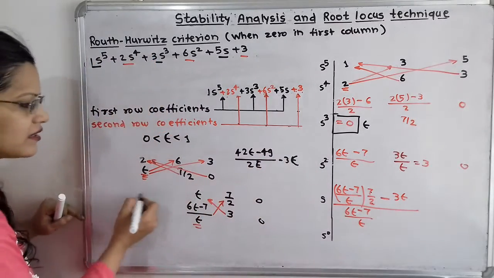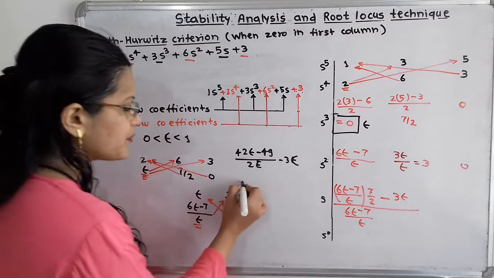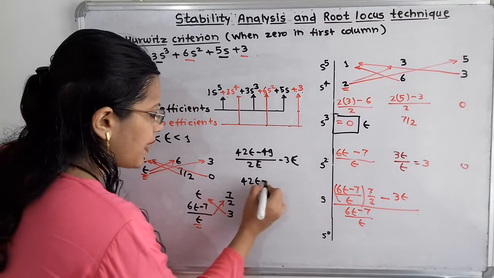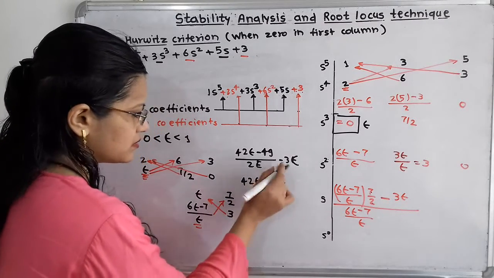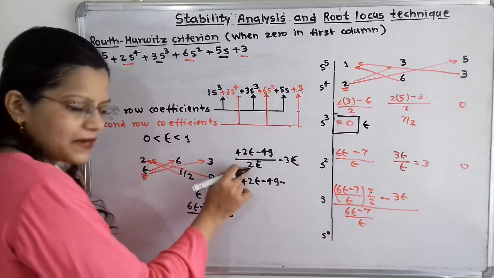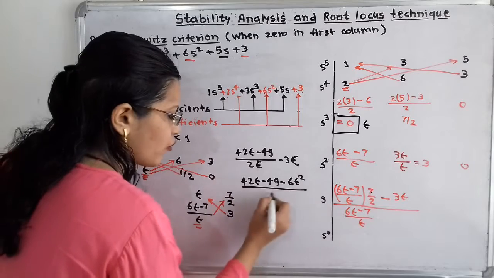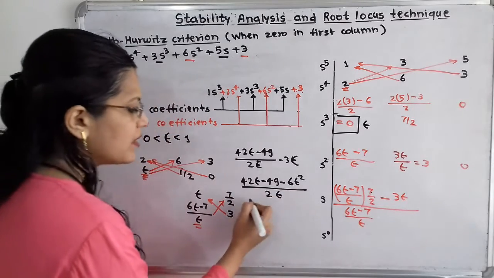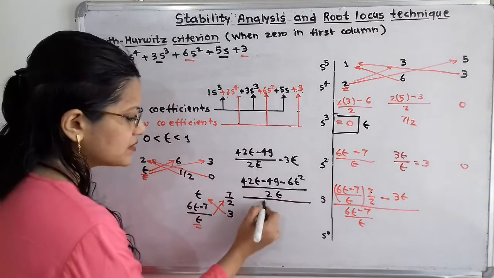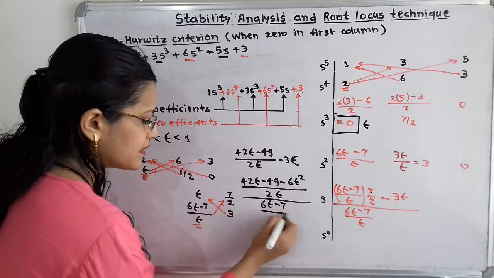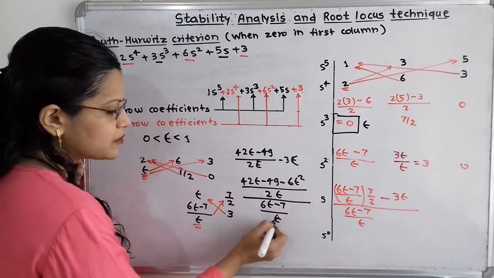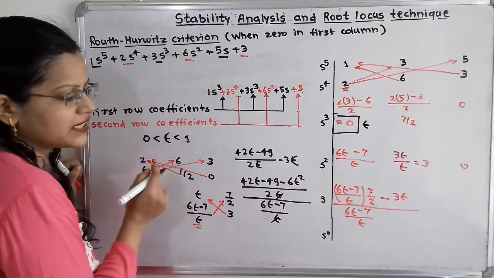So I will simplify here: 42 epsilon minus 49 minus 3 epsilon multiplied by 2 epsilon, that is 6 epsilon square, divided by 2 epsilon, divided by 6 epsilon minus 7 divided by epsilon. So this epsilon from the denominator is getting cancelled.